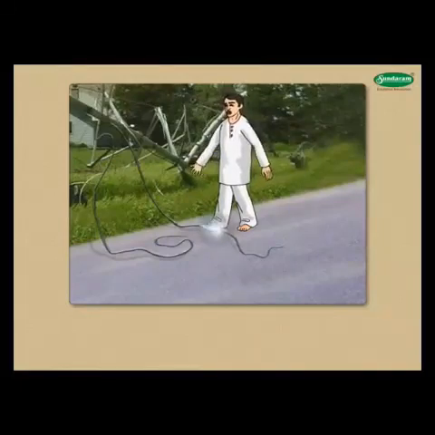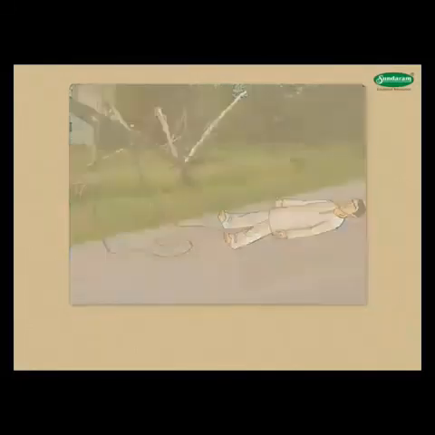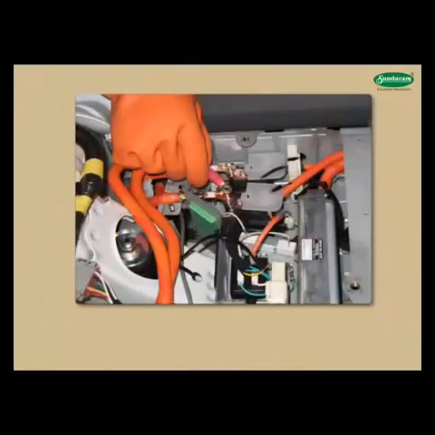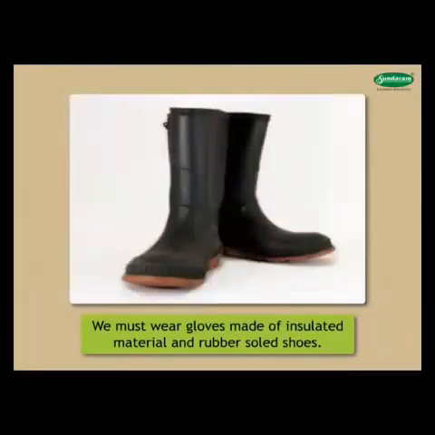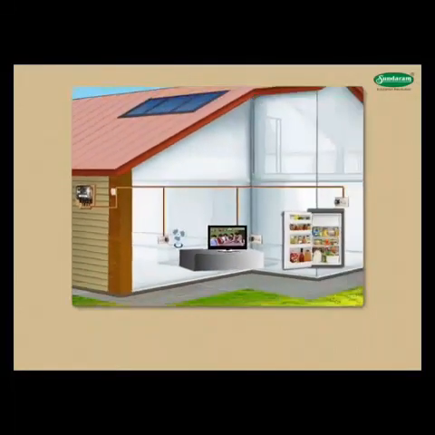This shock may sometimes cause death. Therefore, while working with electricity, we must wear gloves made of insulated material and rubber-soled shoes so that current may not flow through our body. The insulation of the wire must be checked periodically.